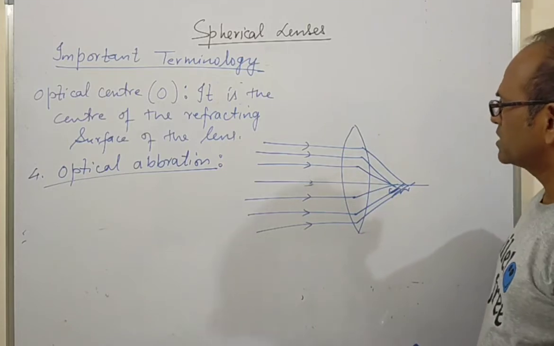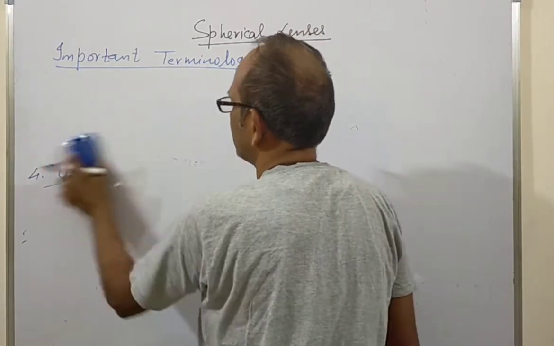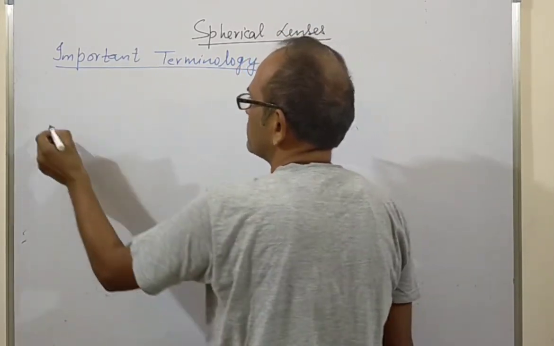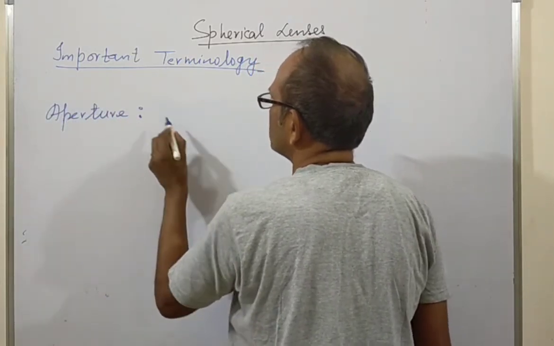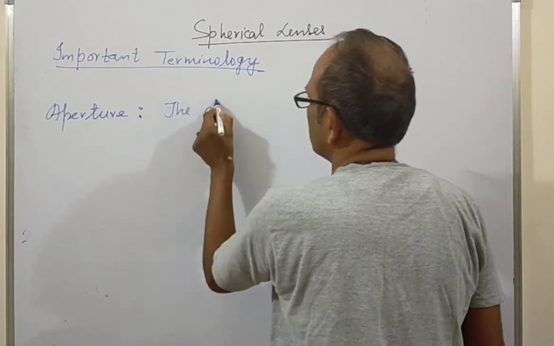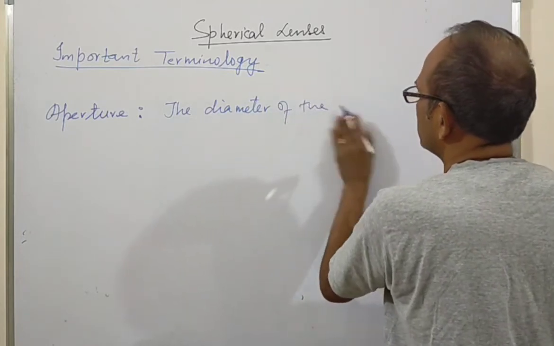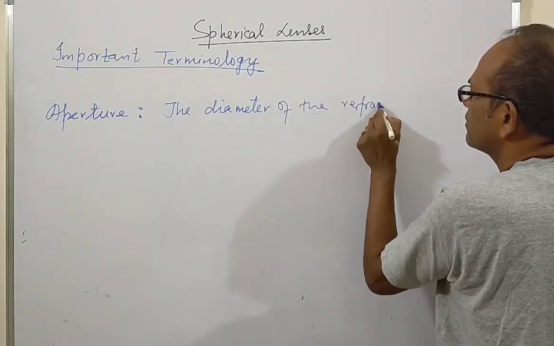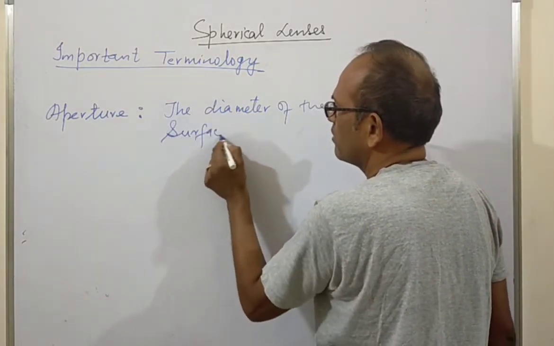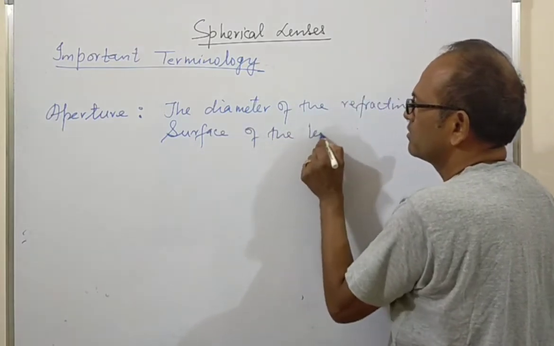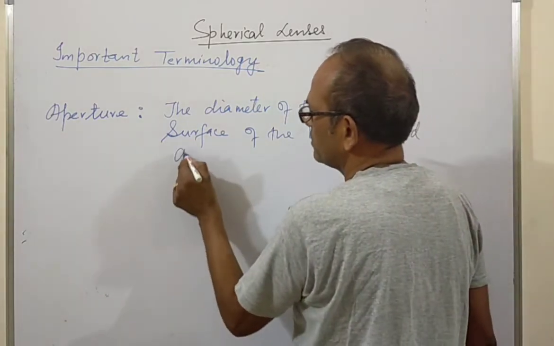Okay. So the next term is aperture. The diameter of the refracting surface of the lens is called aperture.